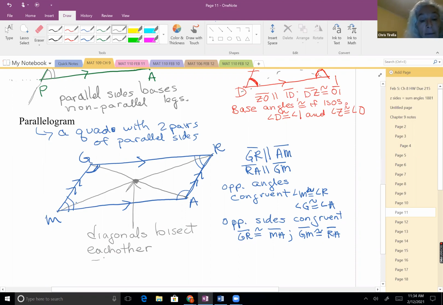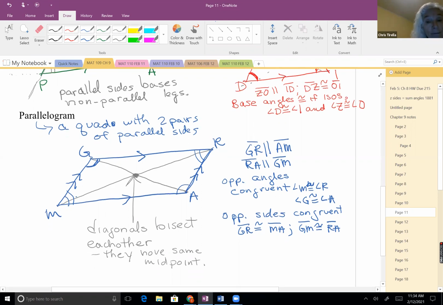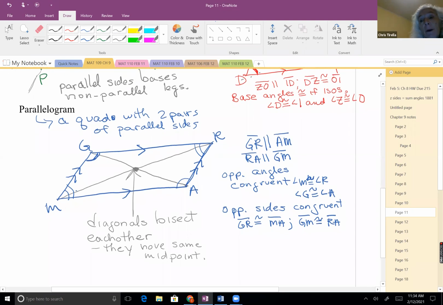They have the same midpoint. And so there's a lot going on with that parallelogram. Opposite sides are parallel, opposite sides are congruent, opposite angles are congruent, and the diagonals cut each other in half. Parallelogram, okay.